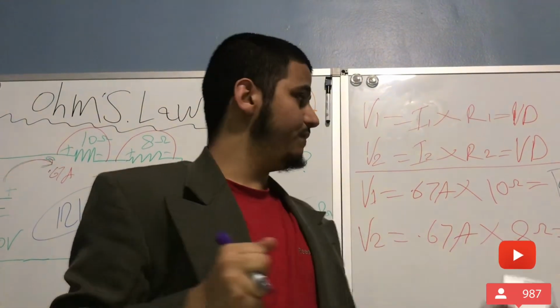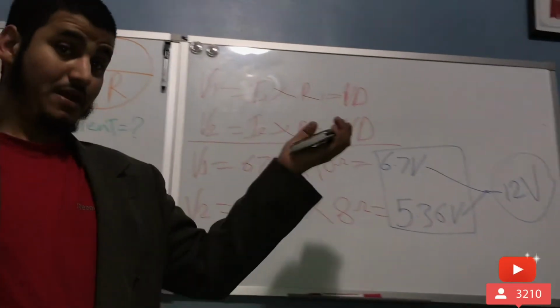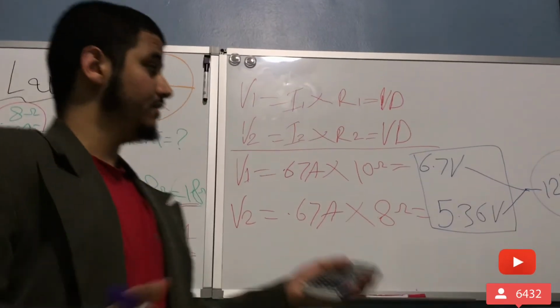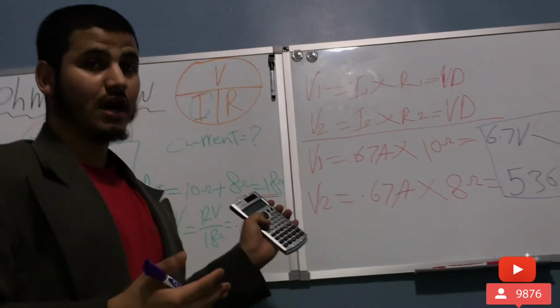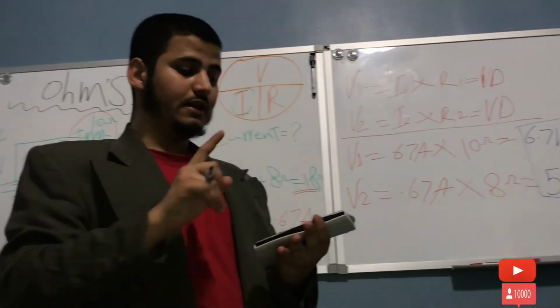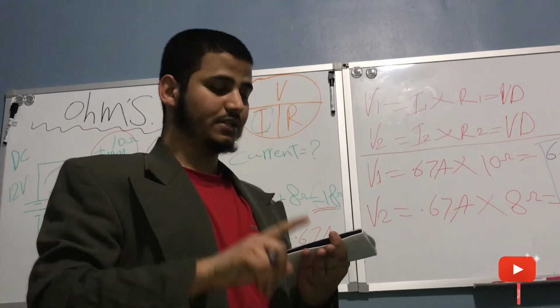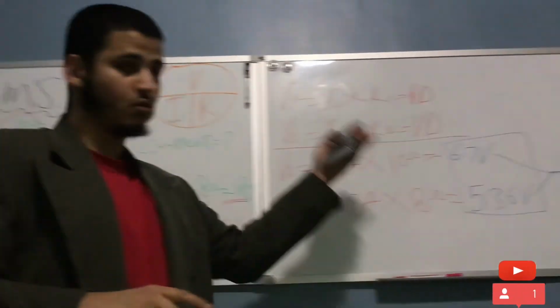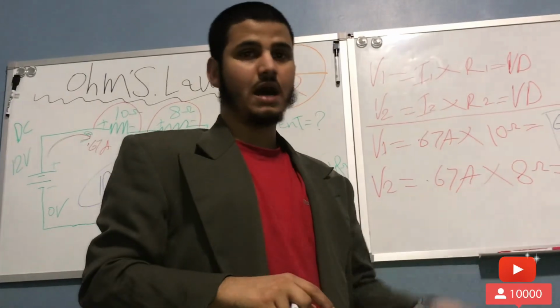I made it very simple for you guys, so it's easy to understand Ohm's law. I did the explanation with a little bit of detail, and solved Ohm's law for the two questions, and how to find the volts and amps, the current and resistors.